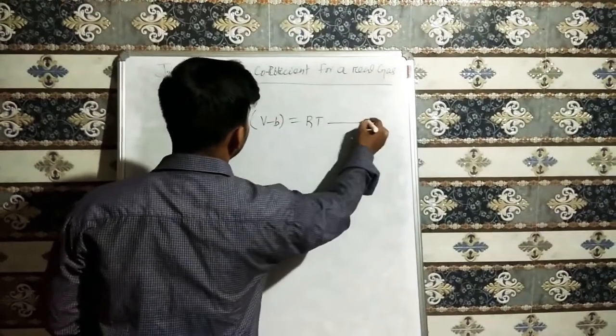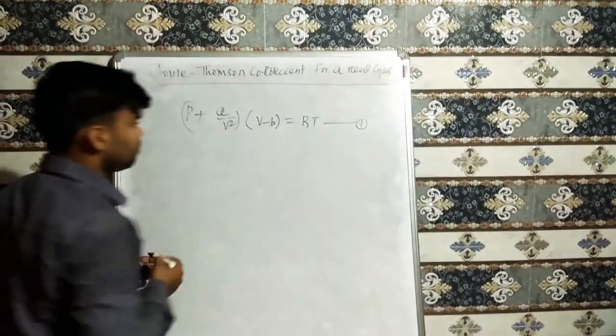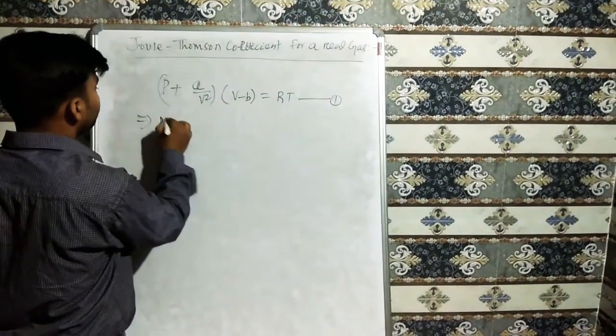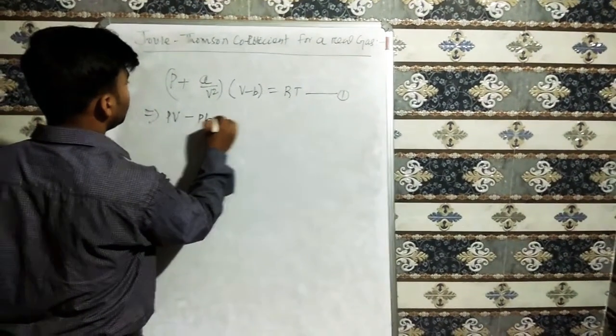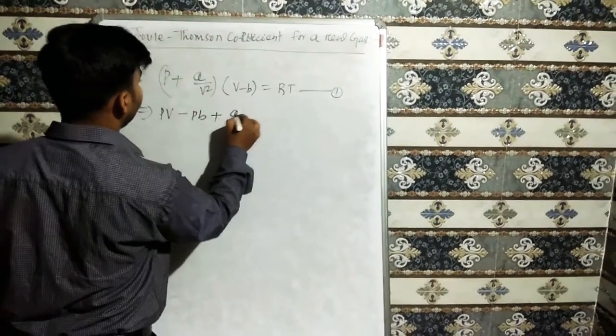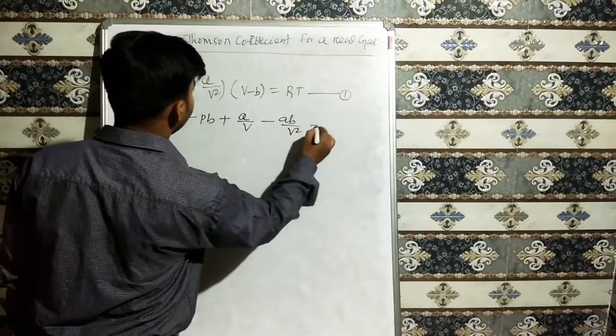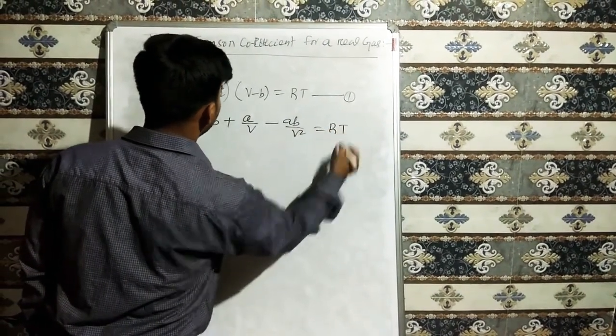Okay, this is equation 1. Now, if we simplify this equation, we get PV minus Pb plus a by V minus ab by V square equal to RT.